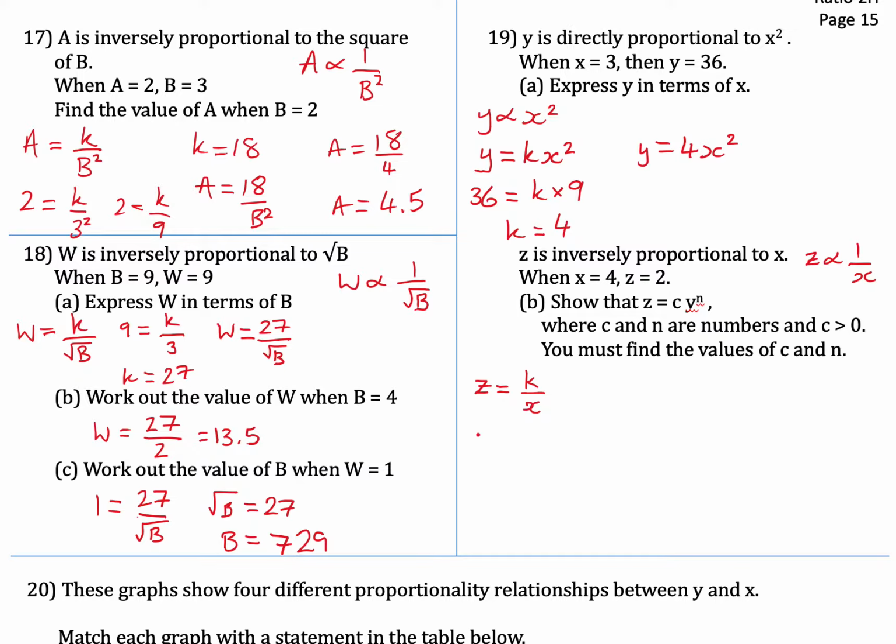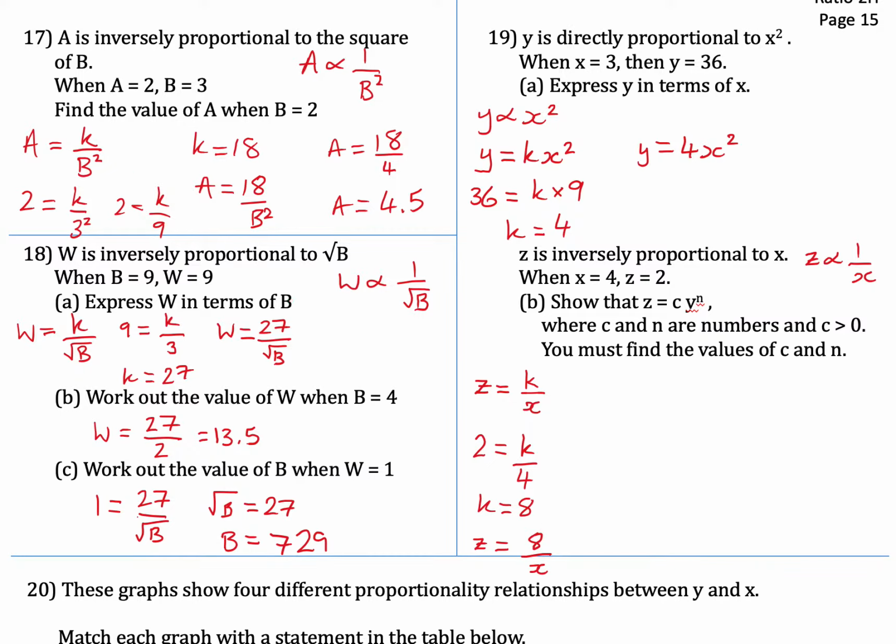Sub in. So k is 8. So going back to this one, z is equal to 8 now over x.